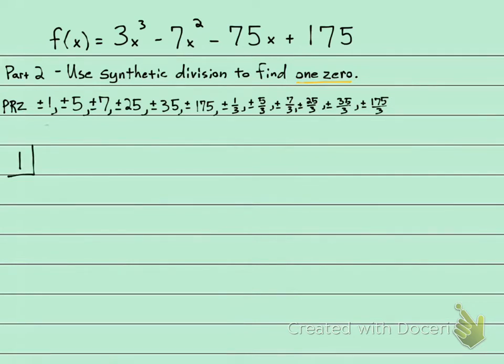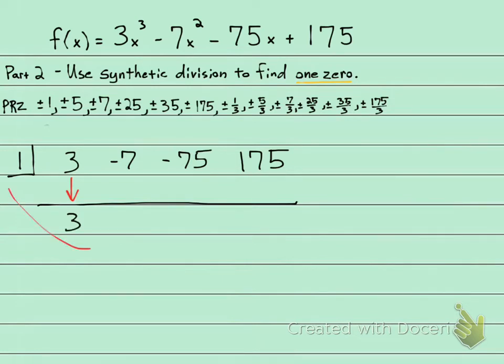Synthetic division. I'm going to try 1, and I'm using my coefficients here, 3, -7, -75, and 175. All right, the first one comes down, 3. Now I'm going to do 1 times 3, and that goes right here. -7 plus 3 is going to be 4.